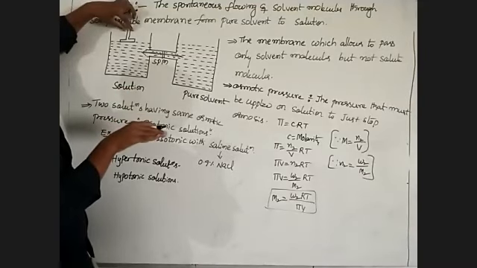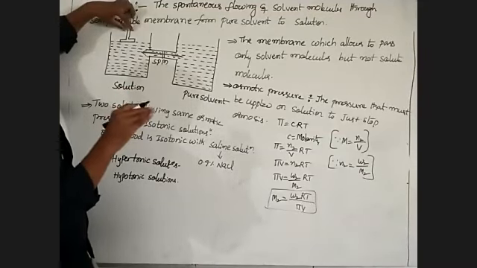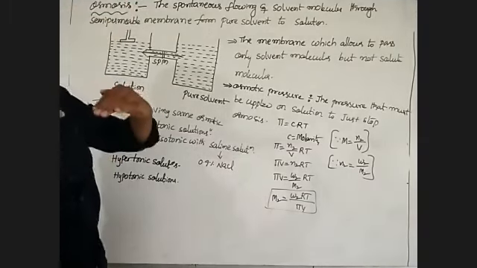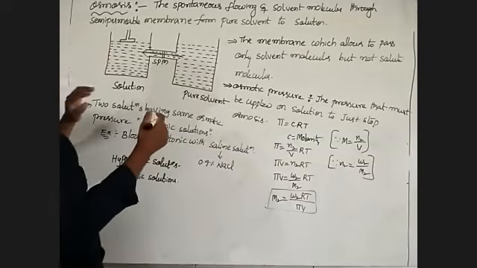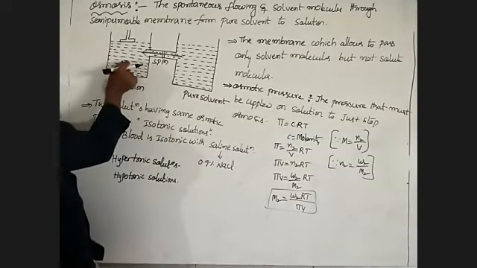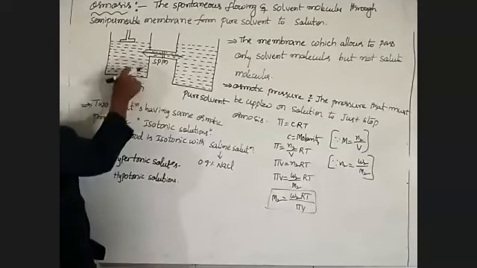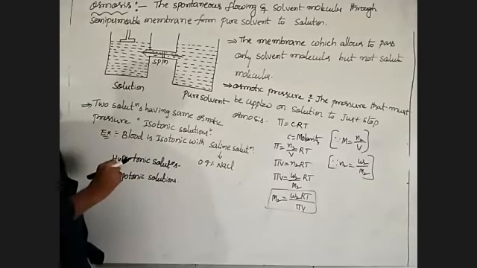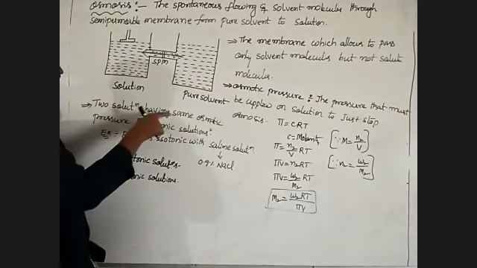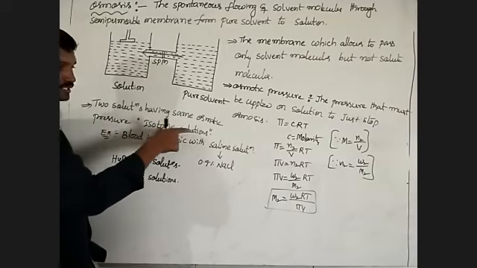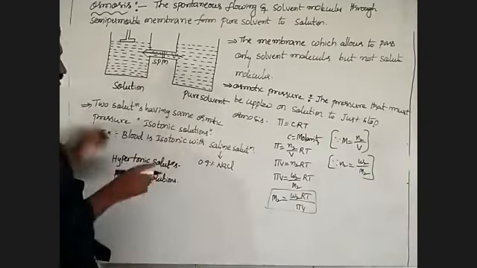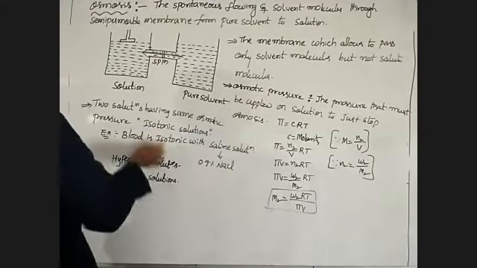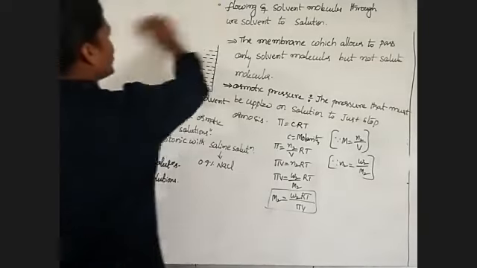If we apply more than the osmotic pressure, the osmosis process is reversed, that means solvent molecules flow from the solution side to the solvent side. That is reverse osmosis. Next, any two solutions having the same osmotic pressure are isotonic solutions. For example, blood is isotonic with saline solution. Saline solution means 0.9% NaCl solution.